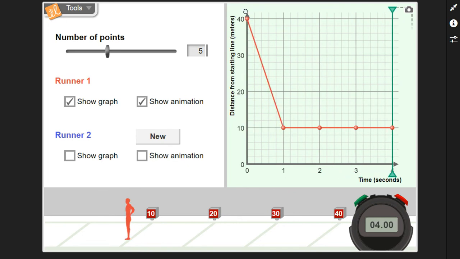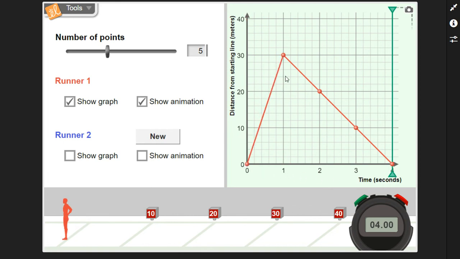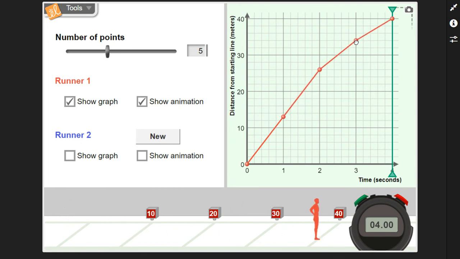If you have a line that is starting at the 40-meter position, that means it's going to go back to the starting point, or the 0 position. You can see that on the graph, the 0 position.